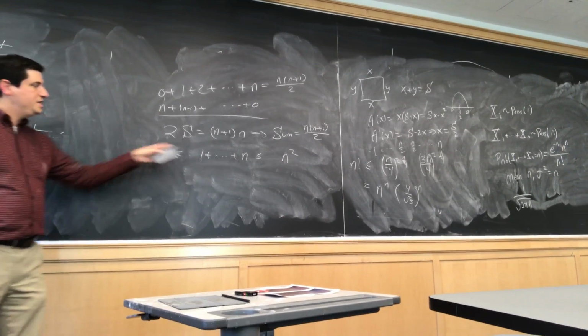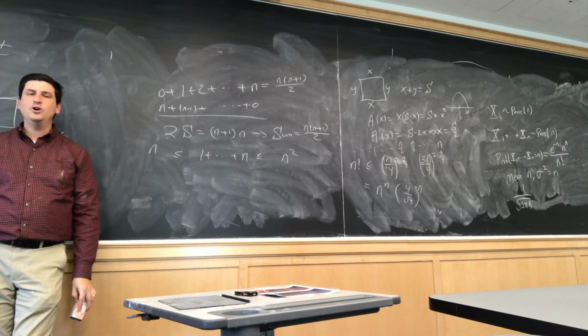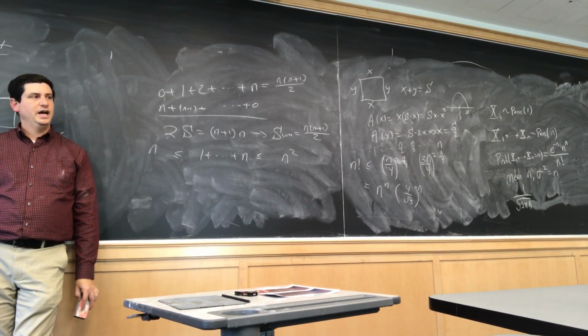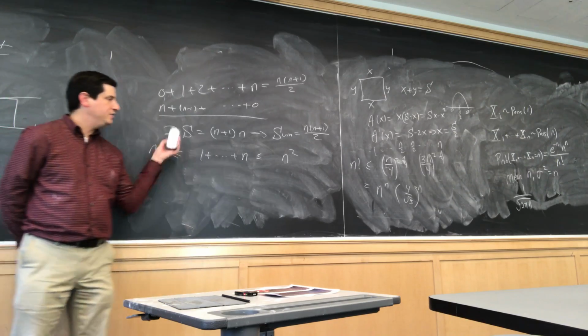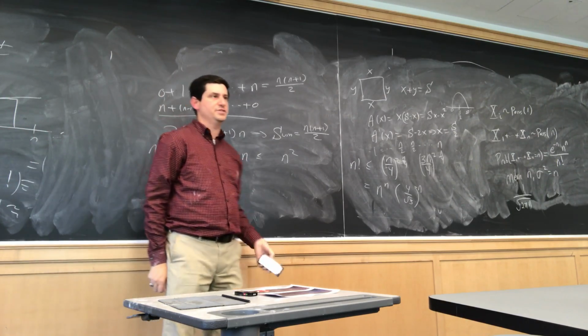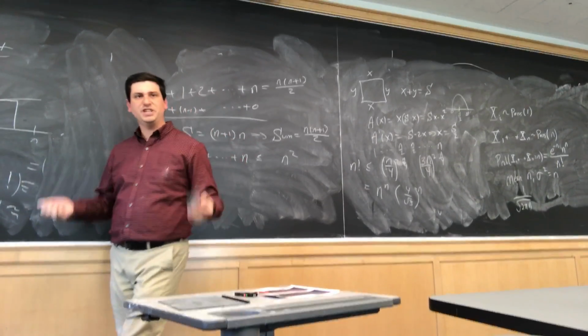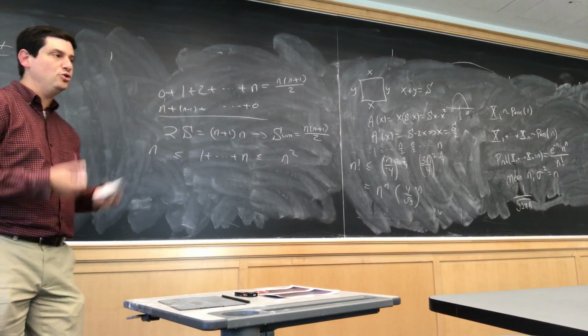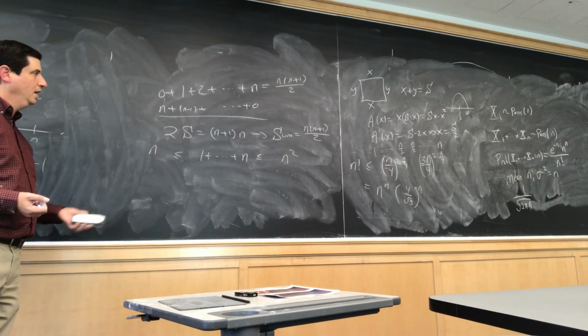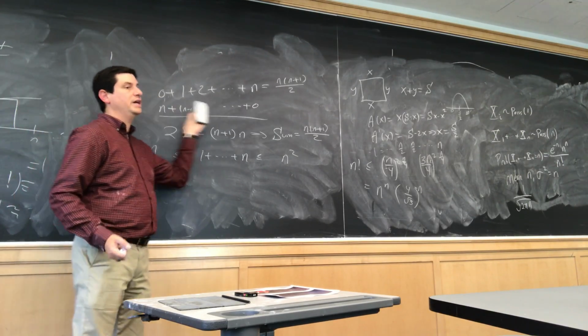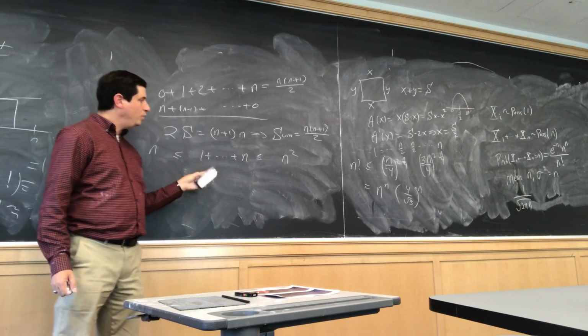The problem is these two bounds are not the same order of magnitude. And so because they're not the same order of magnitude, I don't understand the true size of this. For a lot of applications in computer science or statistics, you want to know how long something is going to take to run, and a lot of times this will give you the runtime. So we want a better order of magnitude.